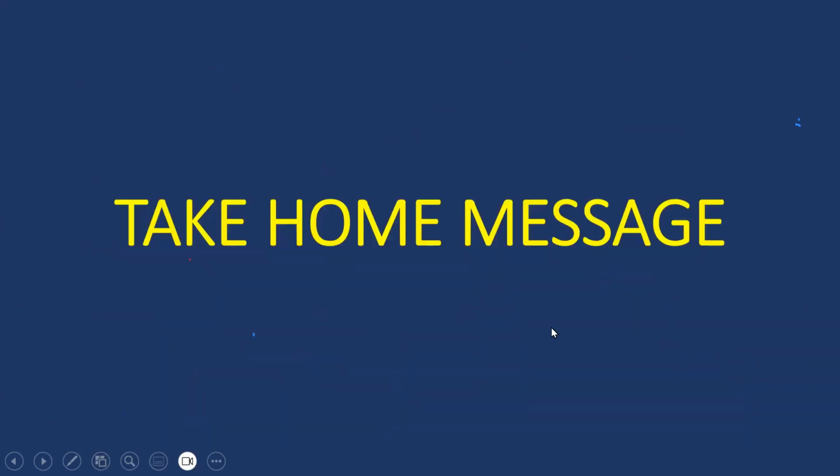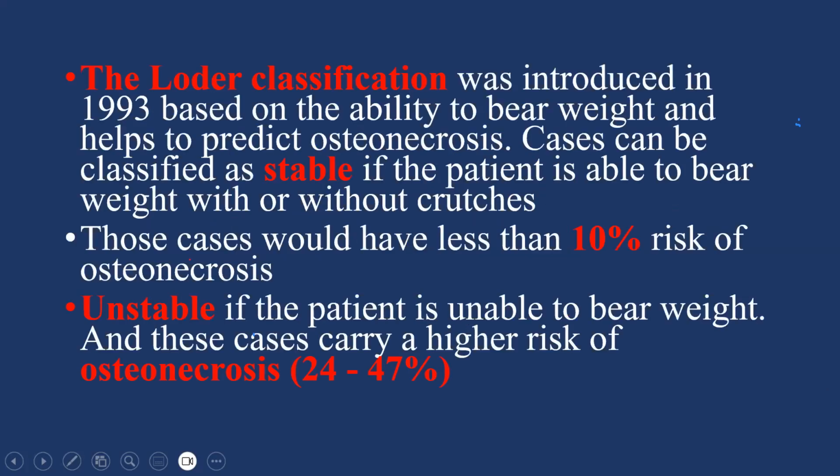So, the take-home message. Staging. The Loder classification was introduced in 1993 based on the ability to bear weight and helps to predict osteonecrosis. Cases can be classified as stable if the patient is able to bear weight with or without crutches.